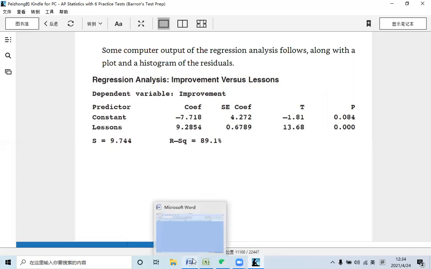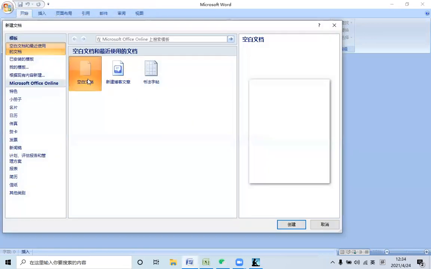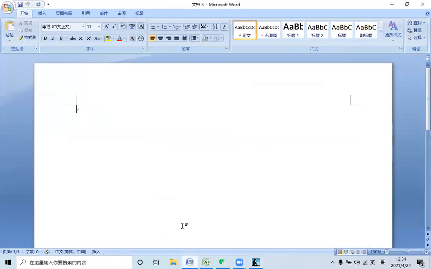Let me get a word file going. What would be the regression formula? Regression formula. Try to format.